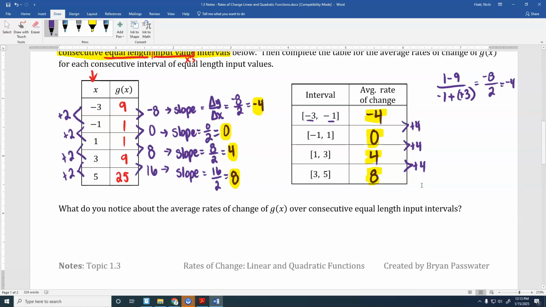So it says, what do you notice about the average rates of change over consecutive equal length input value intervals?